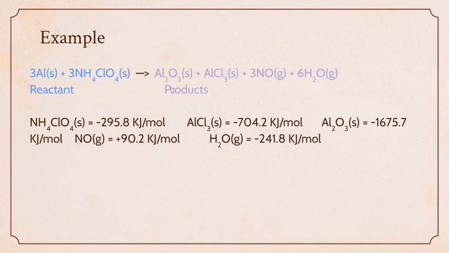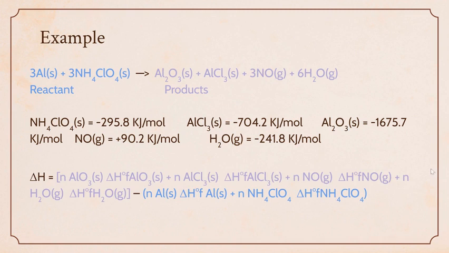And you have to remember that products are subtracted by the reactants, so products first and then reactants. These are all of the compounds and what their kilojoules per mole equal. So this is just everything written out, how it will look.